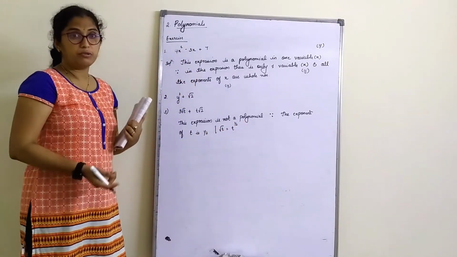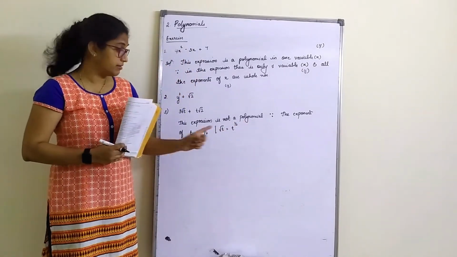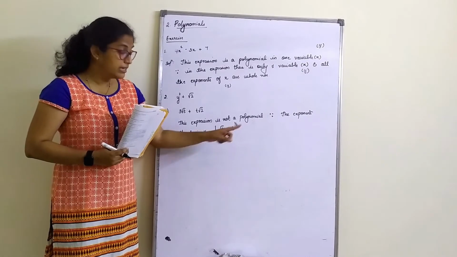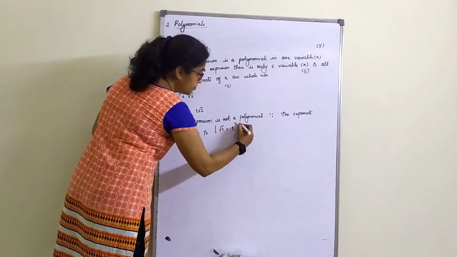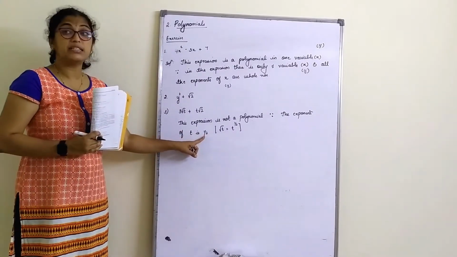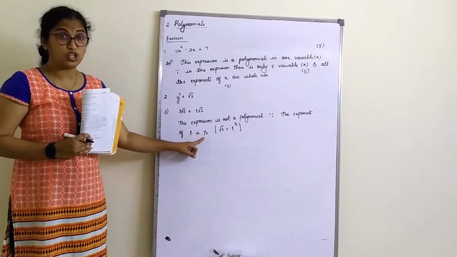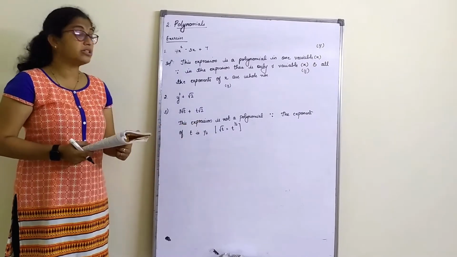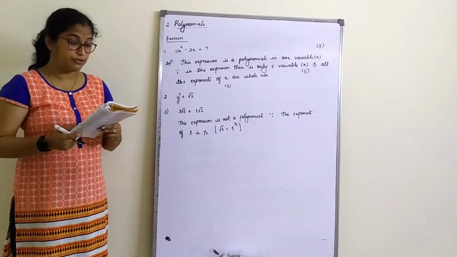You studied square roots last year. That is why the exponent of t is half, a fraction. Therefore, this expression is not a polynomial.